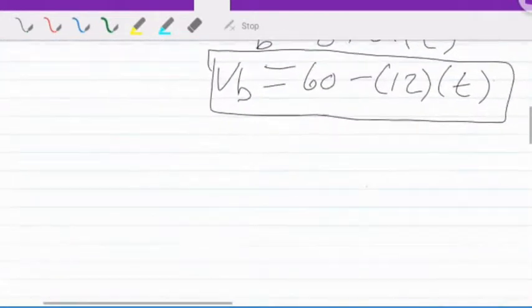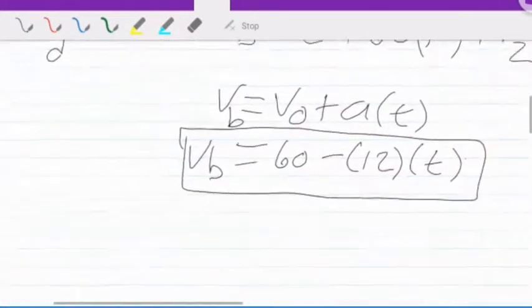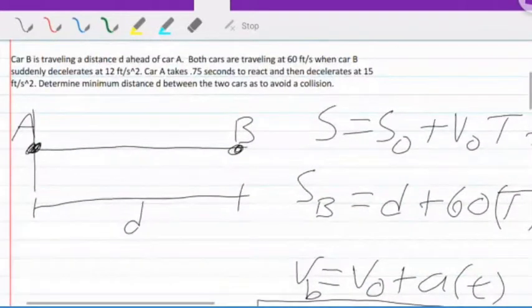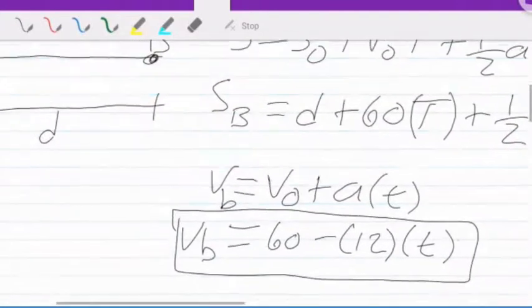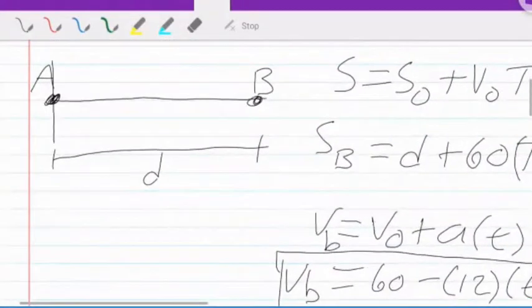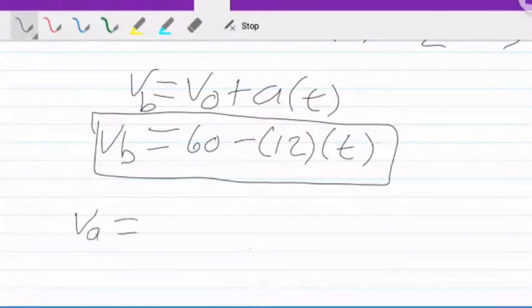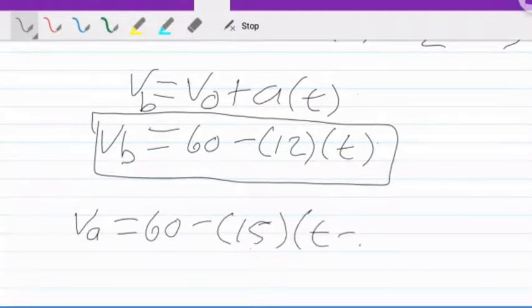So now we want to see what's going on with car A. It takes him 0.75 seconds to react, but eventually when these two get close together, their velocities are going to be the same. So the velocity of A is equal to 60 feet per second minus 15 feet per second squared multiplied by (t minus 0.75).